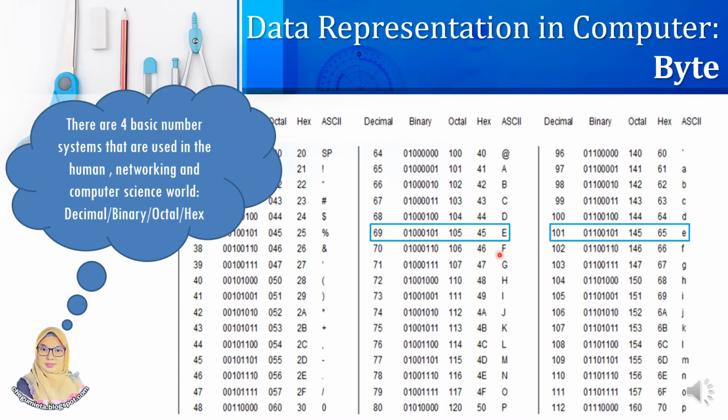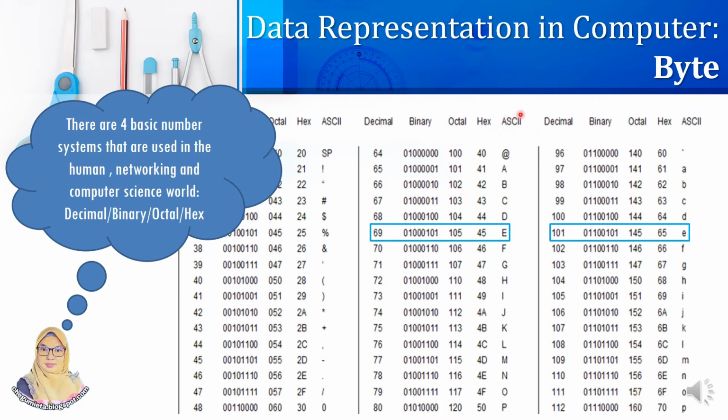As the example I mentioned before, small e and capital E are here, with the binary digits used like this for small e, while for the capital letter, the binary digits are here. Actually, this conversion table shows you the decimal value, the binary value, octal value, and hexadecimal value for each symbol.